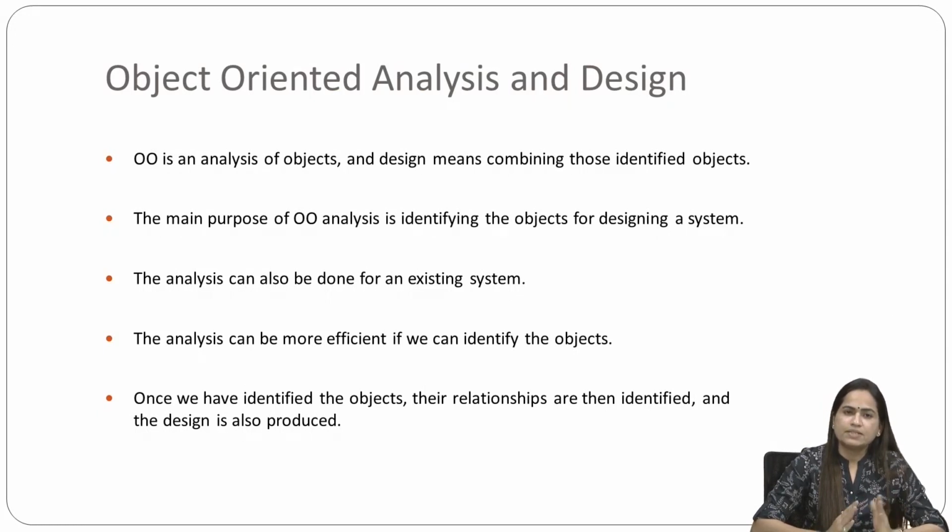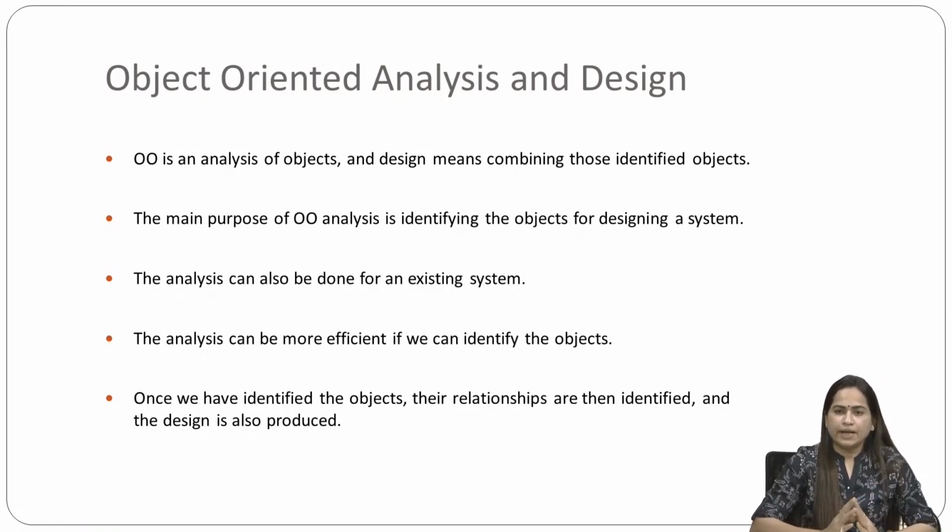The analysis can also be done for an existing system. Right now, if you have a system in existence and you want to do analysis, you can. Or you can do it for a new system also. The analysis can be more efficient if we can identify the objects.